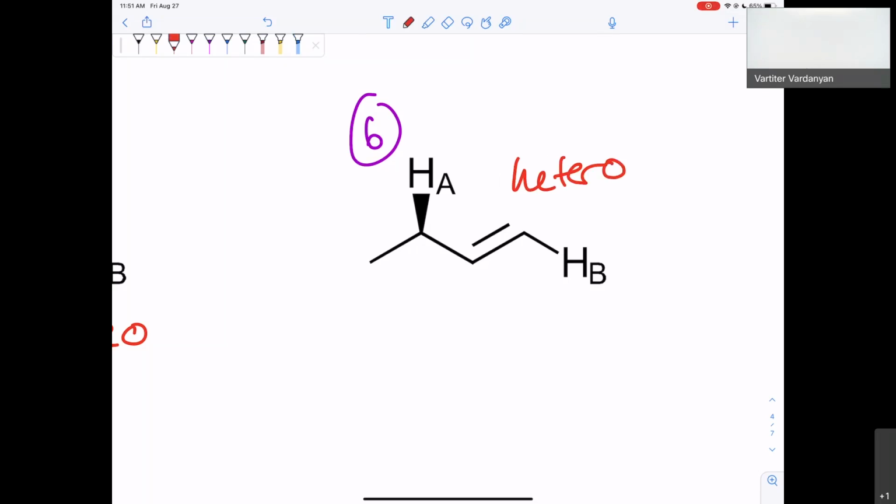No. So it does have to be on the same side. Because remember what we said, carbon 1 has to have 2 unique groups. Carbon 2 has to have a hydrogen. Yeah, exactly.